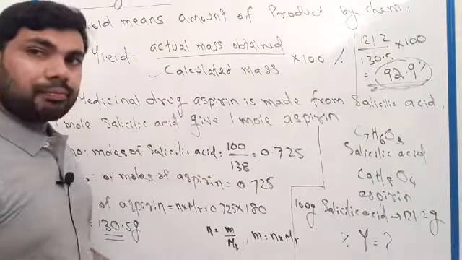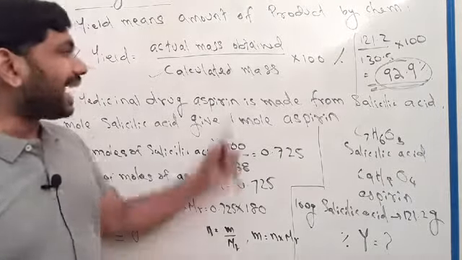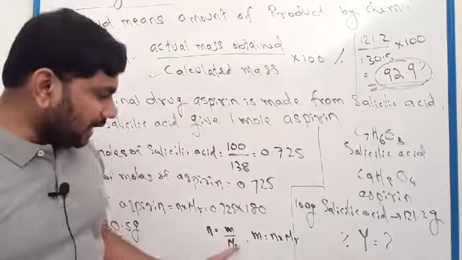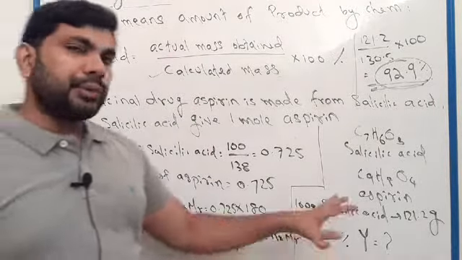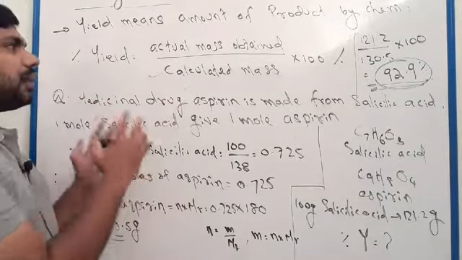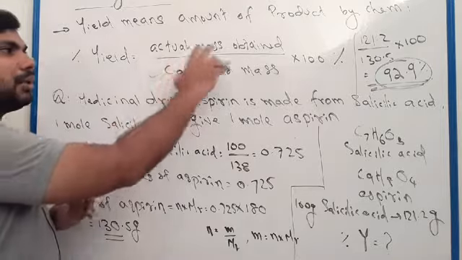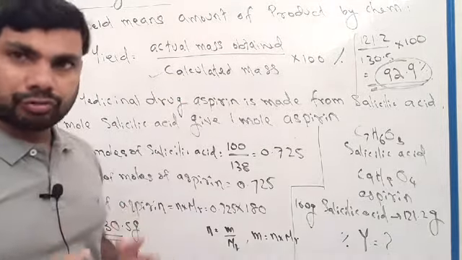So we can find mass using this equation. This is calculated mass. Actual mass means mass given in the question. So this is the equation to find percentage yield: actual mass divided by calculated mass times 100.